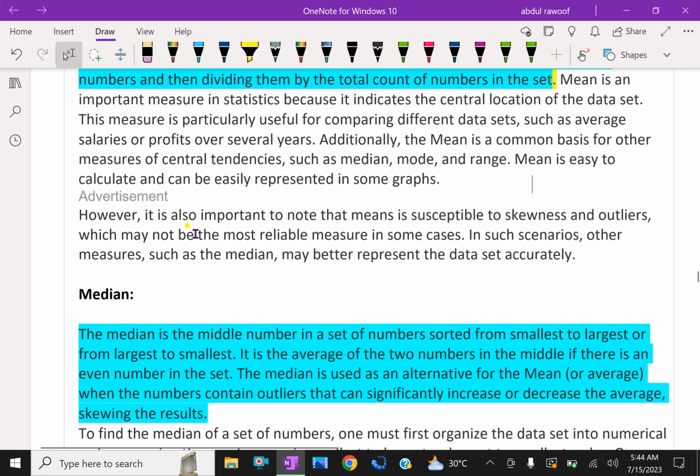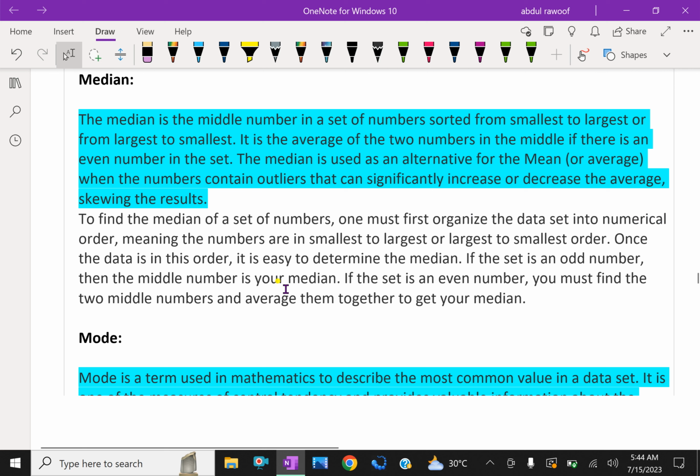However, it is also important to note that mean is susceptible to skewness and outliers, which may make it not the most reliable measure in some cases. In such scenarios, other measures such as the median may better represent the data set accurately.